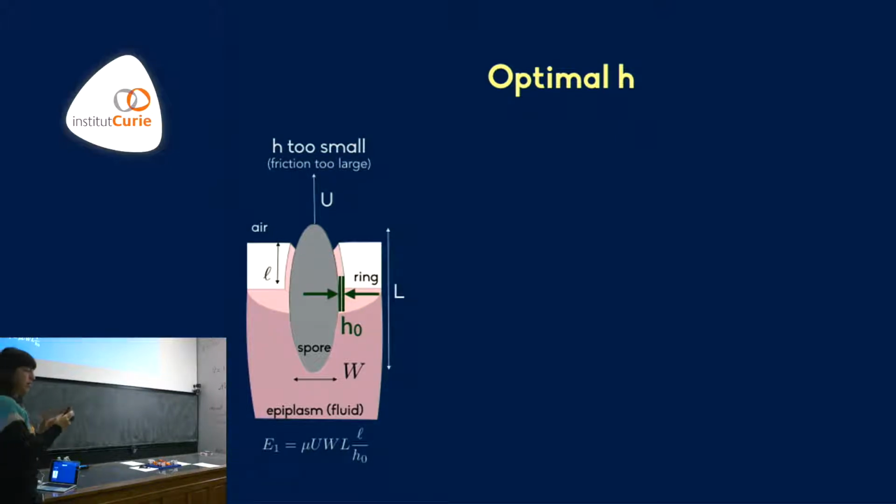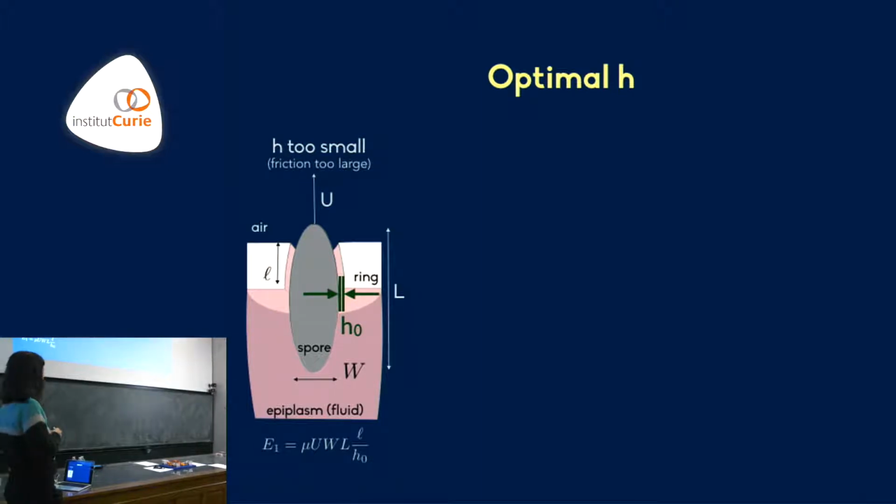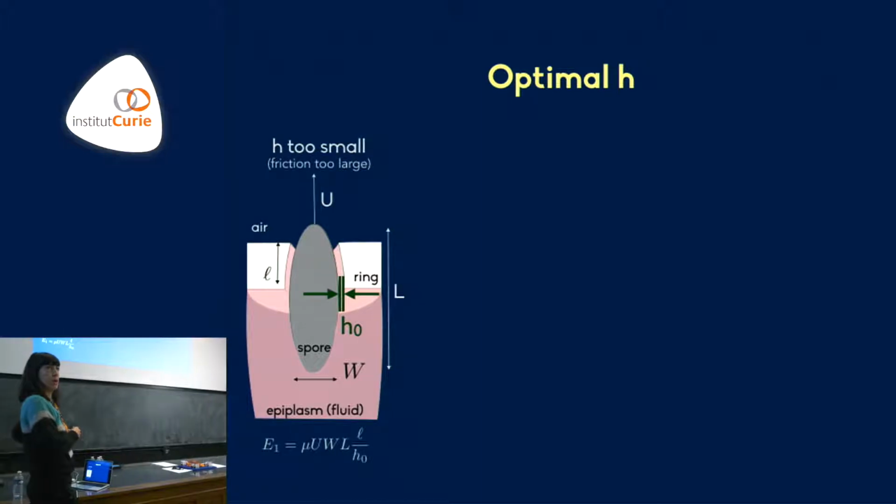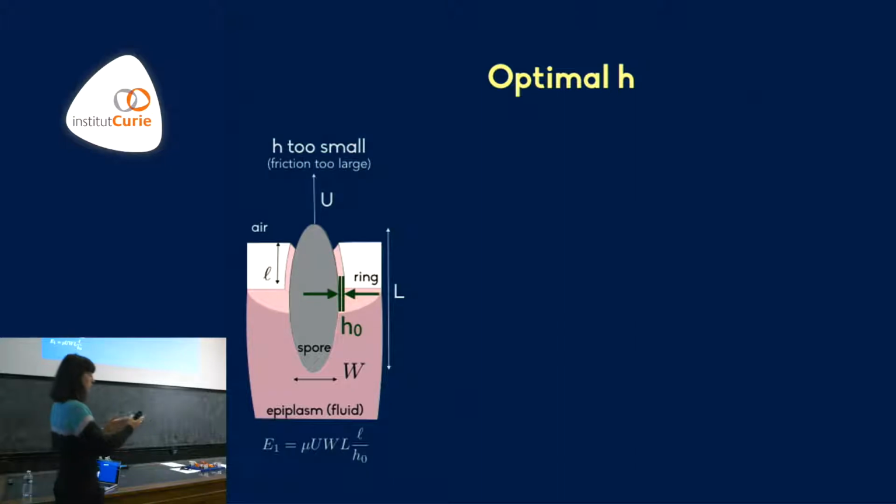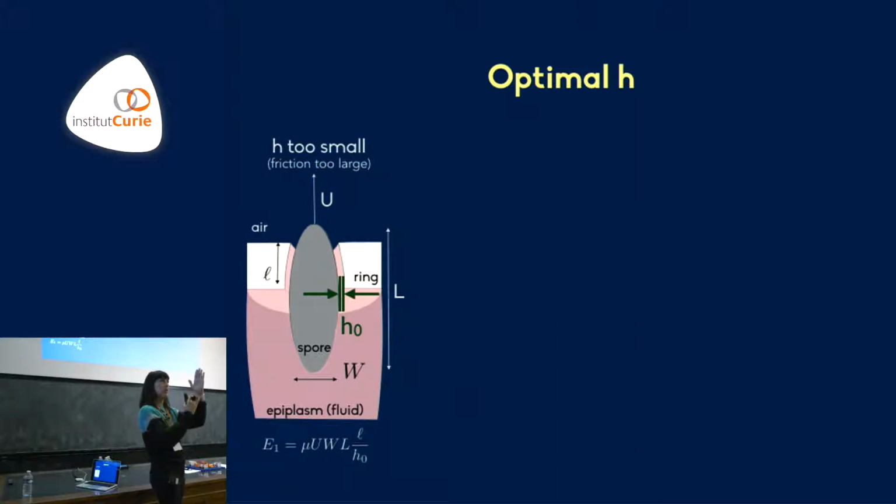As the spore is coming out, there is a thin layer of liquid that covers the spore and gets out with it. If this layer of fluid is very small, then viscous dissipation kills you. What is it? Viscous dissipation occurs when you have a fluid and you're trying to shear it. So you're trying to keep a layer of the fluid fixed and another layer very close to it sliding on top of it. This is what happens here.